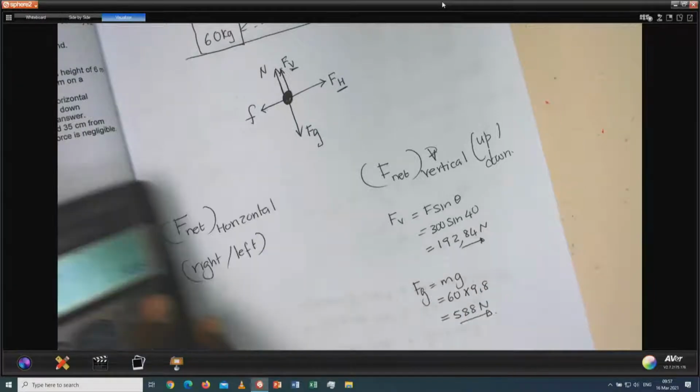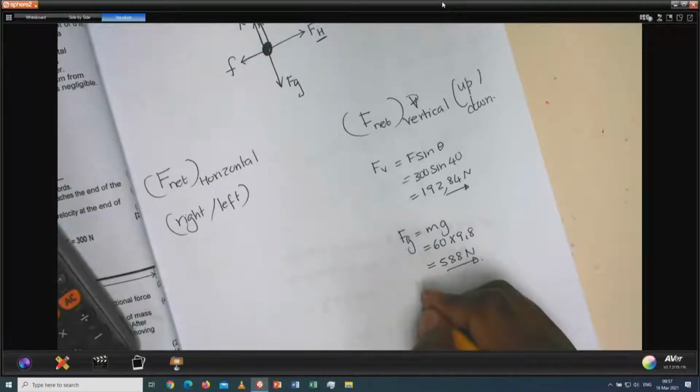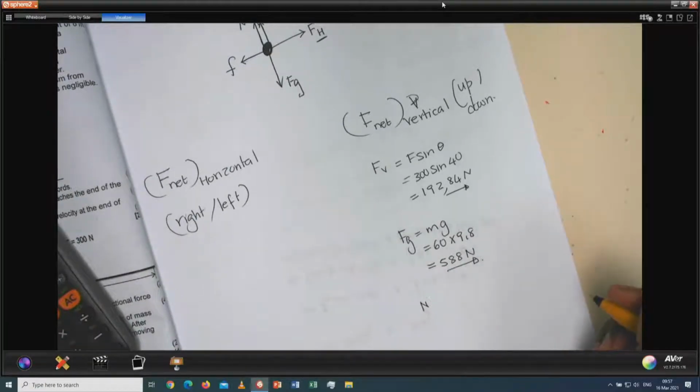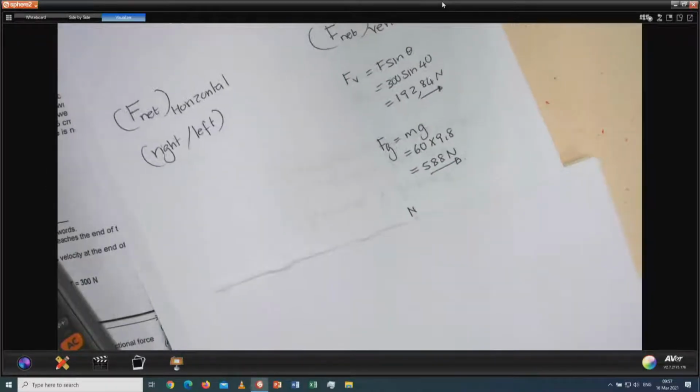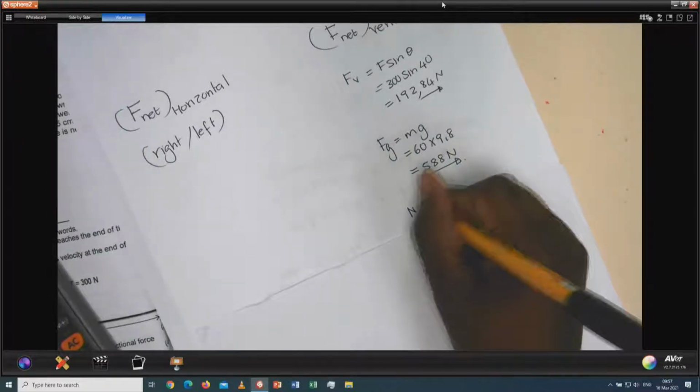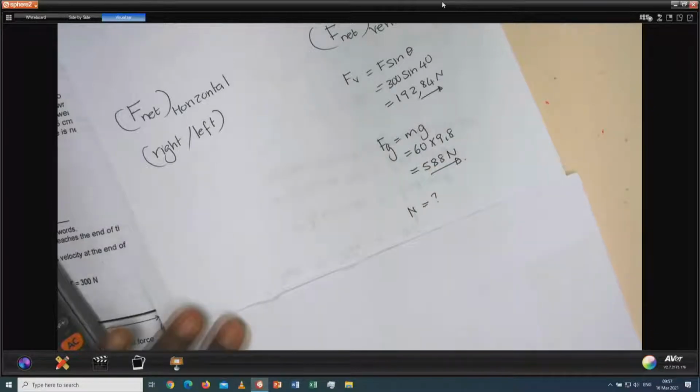Then you have another force acting vertically, which is the normal force. Now, how do you determine the normal force? We go back to the definition of net force. Remember I said anything net refers to the sum of. Once it says net, it refers to the sum of.